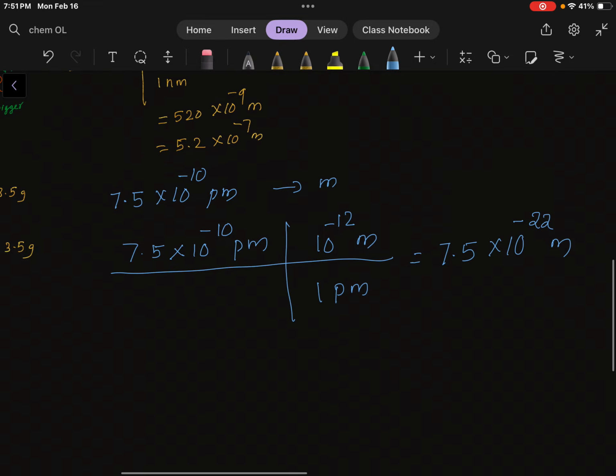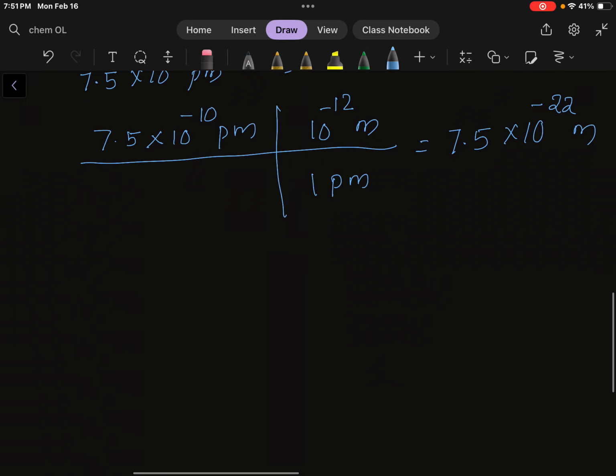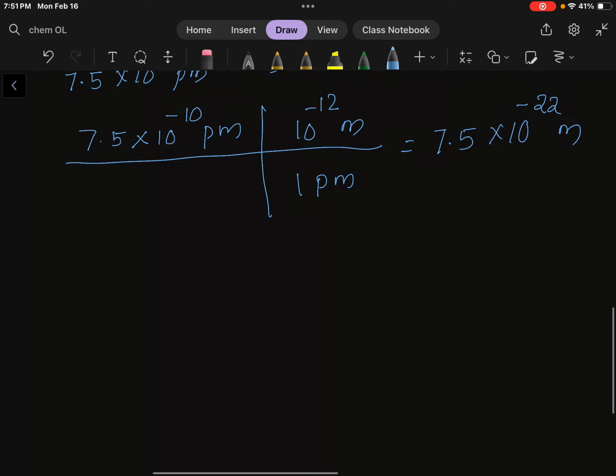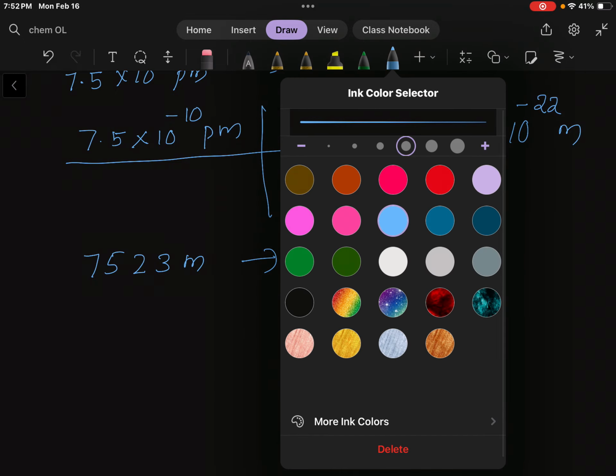Okay, let's go. I'm going to give you a meter value and you are going to find how much nanometer that will be. So if you have 7523 meter, and you are going to convert that into nanometer or picometer. This time we are converting our bigger number into a smaller unit, bigger unit into smaller unit.